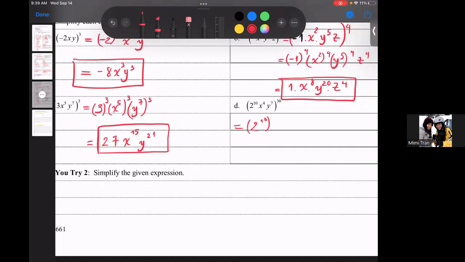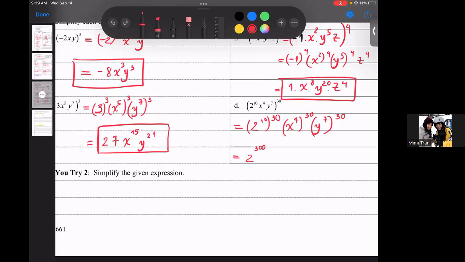2 to the 10 to the 30 power, x to the 4 to the 30 power, and y to the 7 to the 30 power. 10 times 30 is 300, so 2 to the 300. I don't think I'm going to turn it into a number. I'll just leave it, 2 to the 300, it's too big. X to the what?